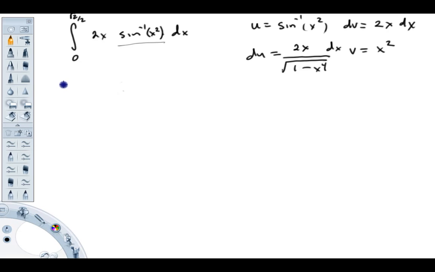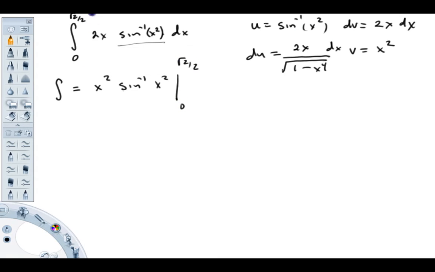So our integral here, and I'm just going to use this symbol here to represent this integral, is equal to, by the integration by parts formula, uv minus integral v du. So that's going to equal x squared inverse sine of x squared evaluated from 0 to root 2 over 2.